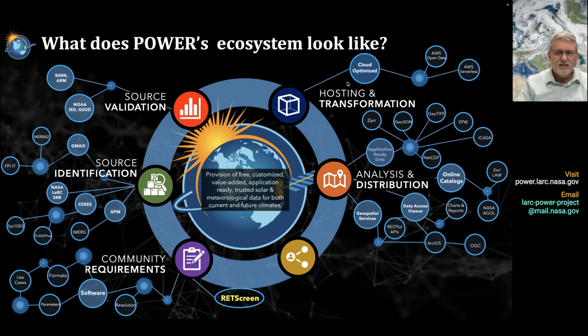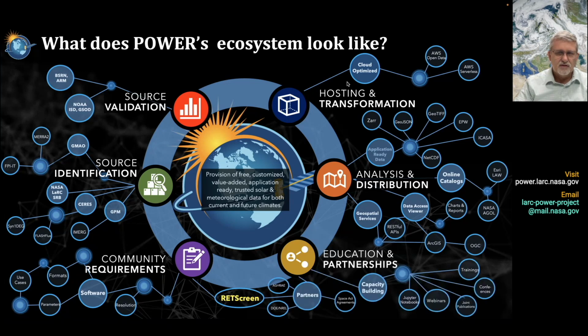And so we've made the data products far more accessible, either for all of them in bulk for a large area, including the globe, or just for one particular location, as RETScreen usually does. And then we've also worked with a lot of educational outreach and continued to add partnerships through the years.